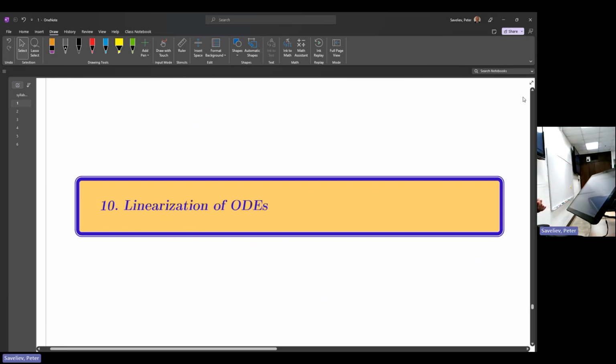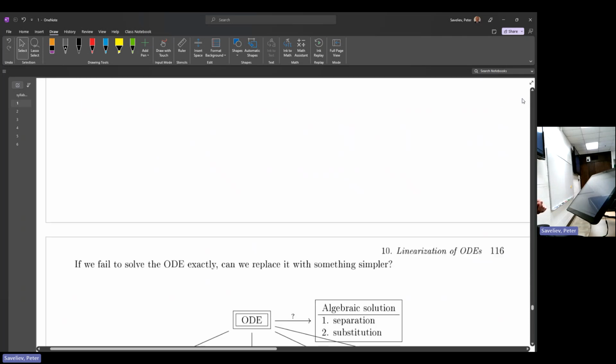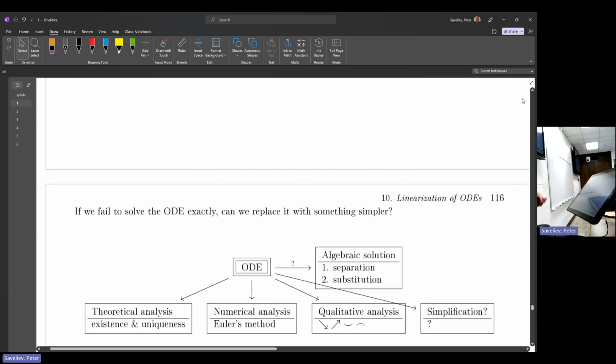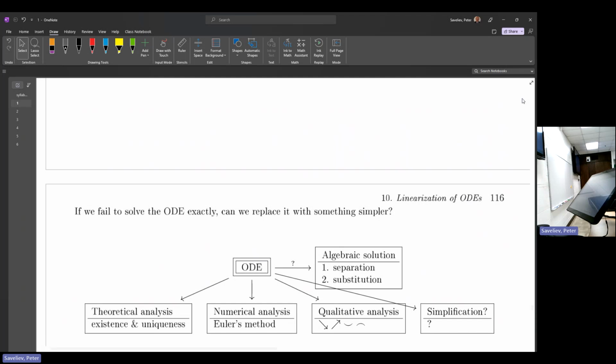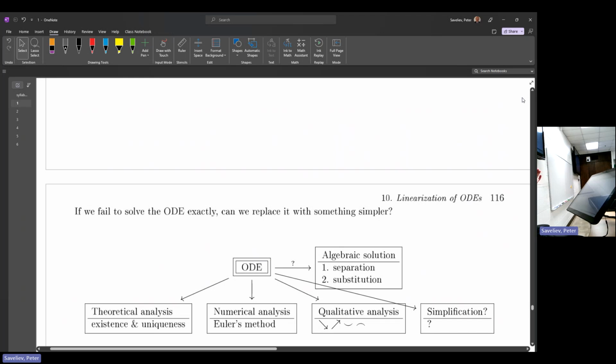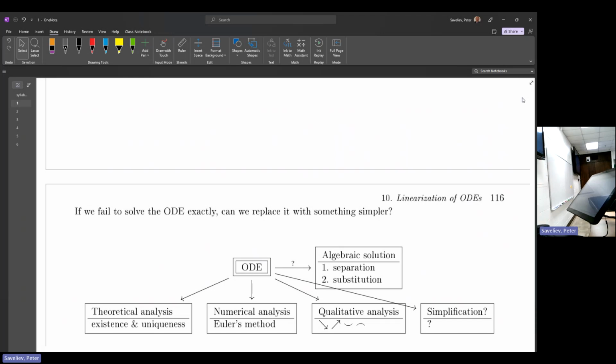We're doing a different linearization. First, this is the review, an overview of what has happened so far. Ordinary differential equations: algebraic solutions, a very limited number of things that we can try, separation of variables, substitution; theoretical analysis, existence and uniqueness; numerical analysis, Euler's method; qualitative analysis, increasing and decreasing behavior, and you can probably derive concavity as well.